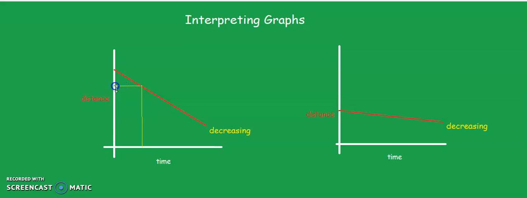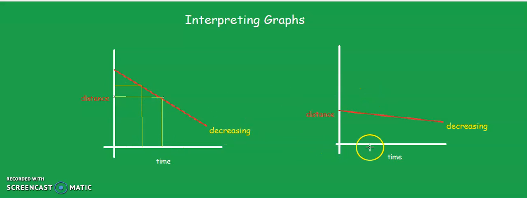Then let's pretend it's 10 minutes later, and the distance will be about here. So I decreased this amount of distance in this amount of time. In 10 minutes, I went from here to there, and the distance decreased about this much.